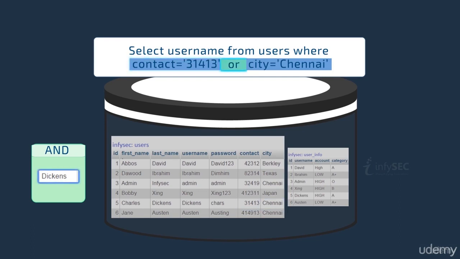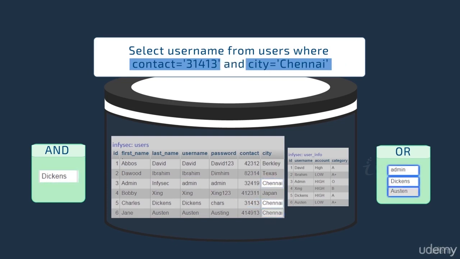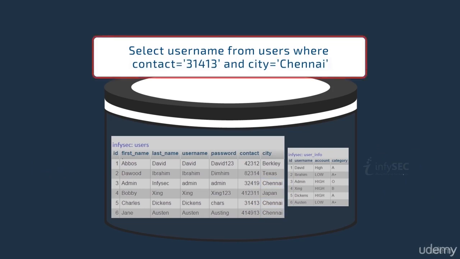On the other hand, the OR operator fetches a record if either the first condition or the second condition is true. In the same example, when an OR operator is used in this select statement, it fetches records of users who have either the given contact number or the city as that of the user input. This is how a select statement works.